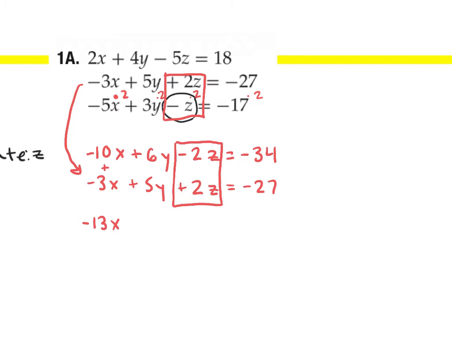What is 6y plus 5y? Plus 11y. What happens to our z's? Cancel. And then what is -34 minus 27? -61. Okay, once we eliminated z, we stop here, and then we need to eliminate z again in another two-pair.